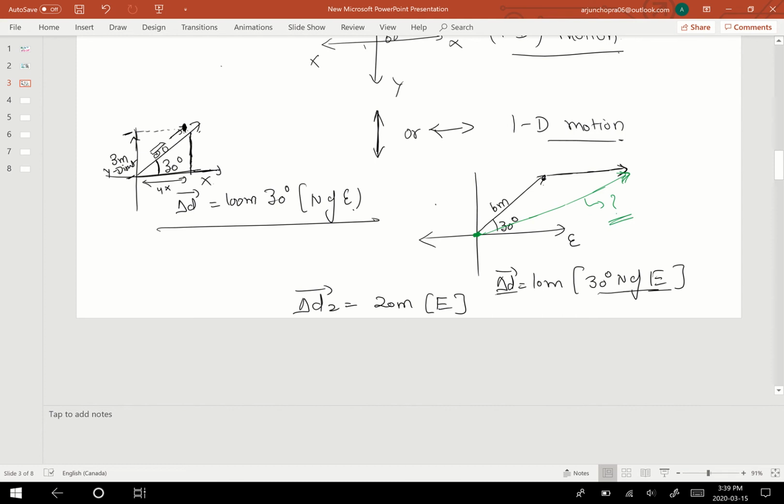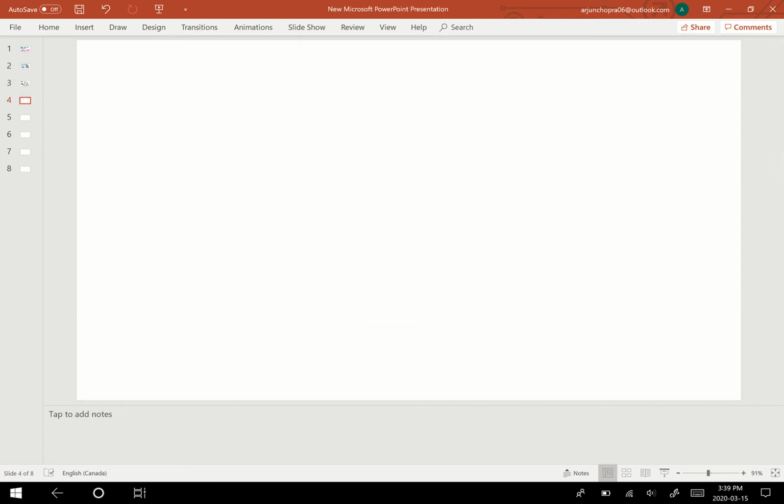In the case of one-dimensional motion, if this was a one-dimensional motion question, the car covered a certain distance, let's say 20 meters in the east direction, and then 10 meters in the opposite direction, in the west direction. I wanted to find the net displacement, delta D.